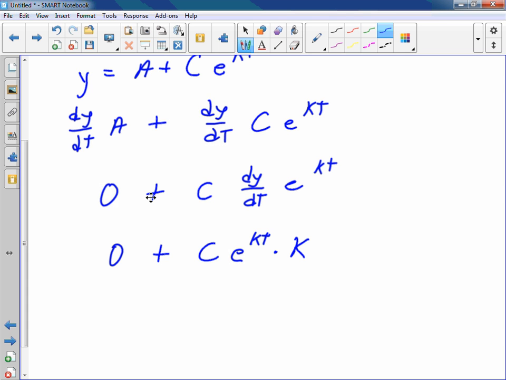So this is 0 plus, and that's why I pulled the constant out here. This was 0 all alone. That's one item that we look at, plus C times this. If this were C plus this, then it'd be another 0, but this part right here is not 0.